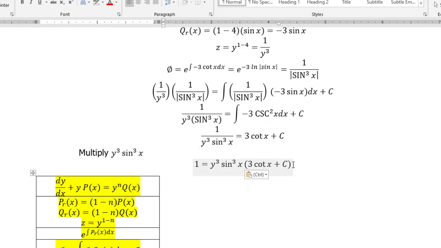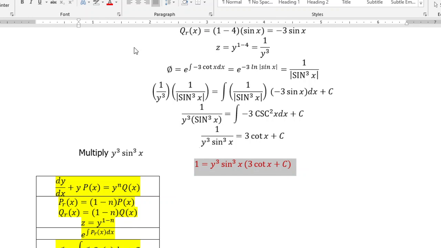So that is the final answer for this problem.